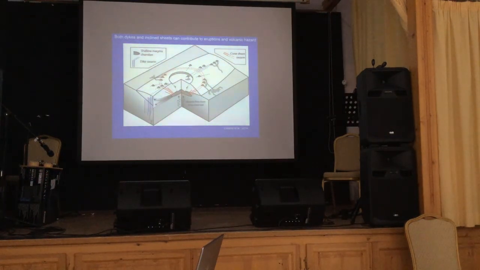Assuming a volcano can have different intrusions, these intrusions can be dikes along a rift, and this can produce a series of eruptions in the center of the volcano or on the flank aligned along the rift. Or you can have inclined sheets.